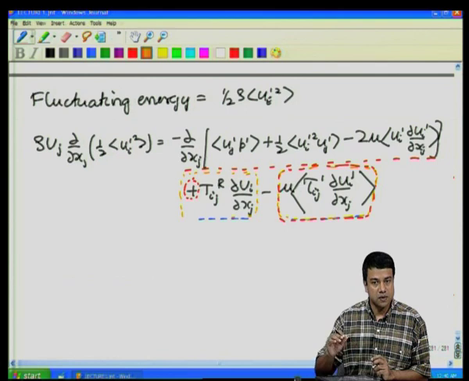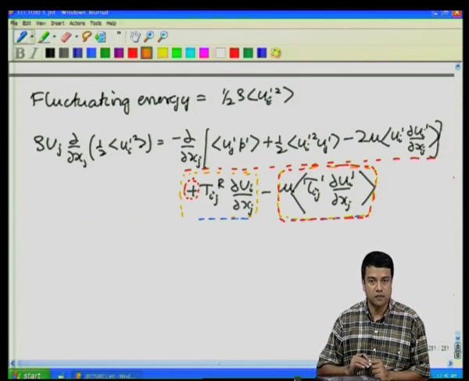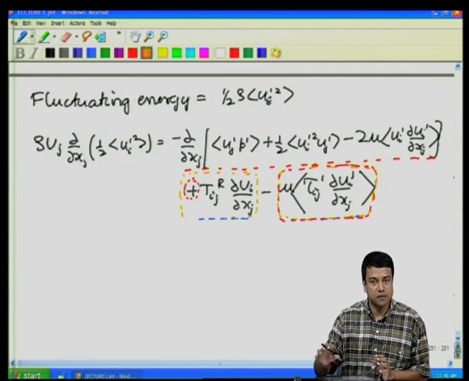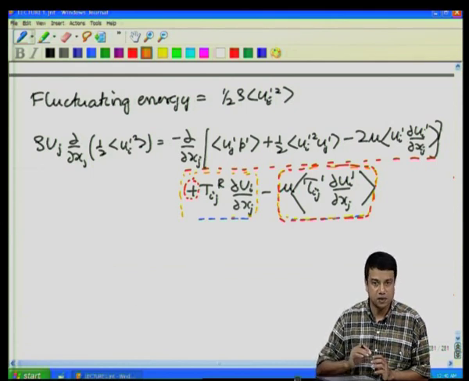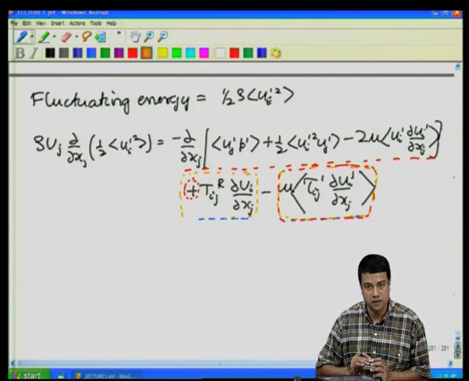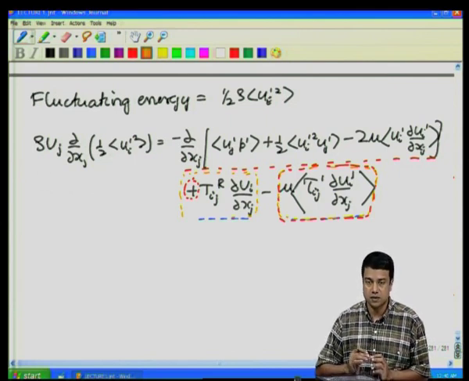I said that the dissipation due to the Reynolds stress term was much larger than the viscous dissipation of the mean flow. So, that Reynolds stress term transfers energy from the mean flow to the fluctuations. It is a sink in the mean kinetic energy equation, and a source in the fluctuating kinetic energy equation.